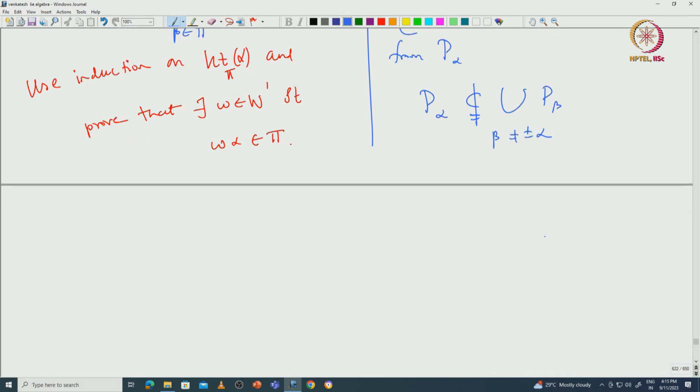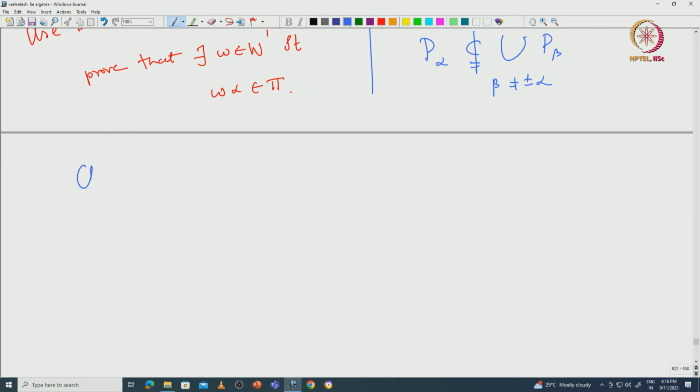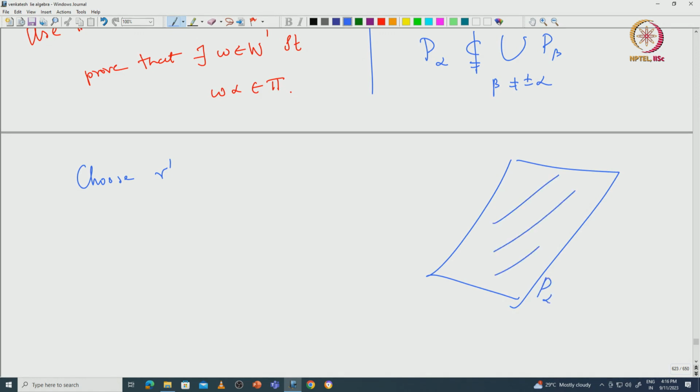So, then what one can do? One can choose this gamma dash inside your Weyl chamber that is, let us say, closer to this hyperplane P_alpha. So, you have this hyperplane, which is P_alpha.